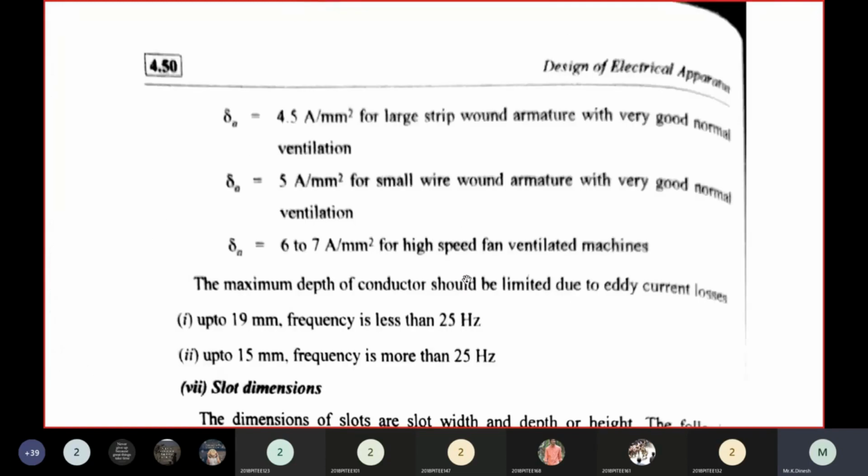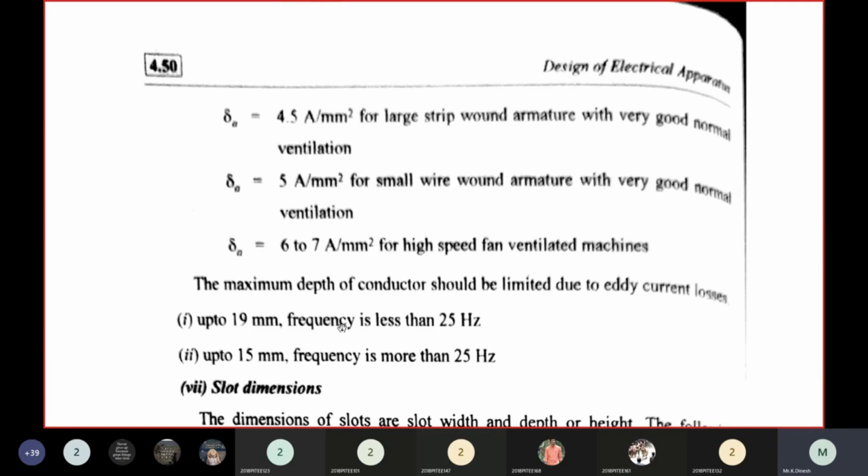Based on requirements, the current density should be 4.5 amps per mm square for large strip wound armature with good natural ventilation, 5 amps per mm square for small wire wound armature with very good natural ventilation, and 6 to 7 amps per mm square for high speed fan ventilated machines.